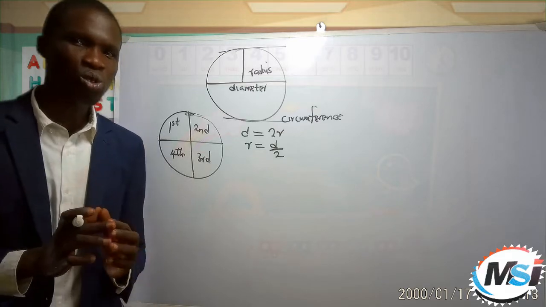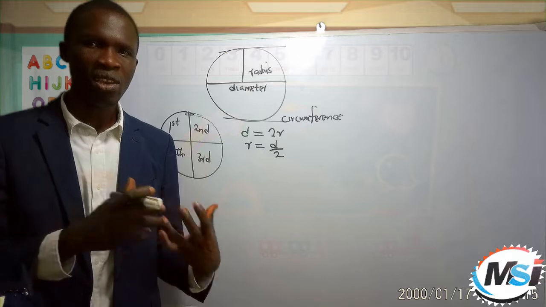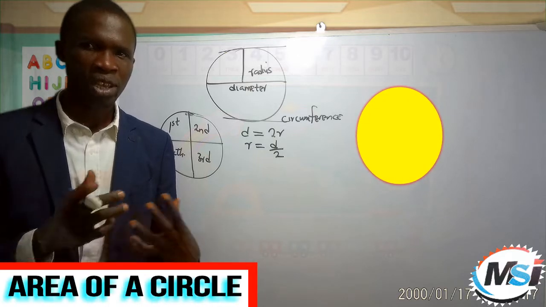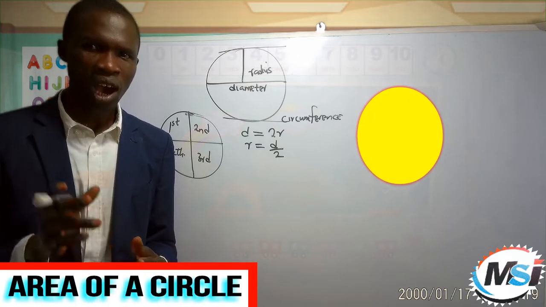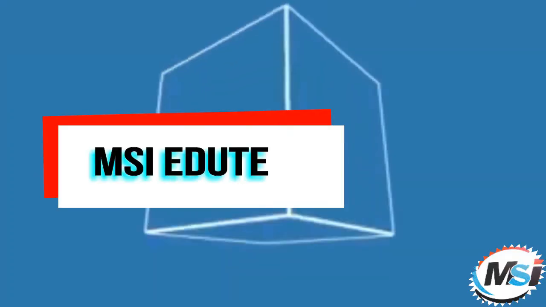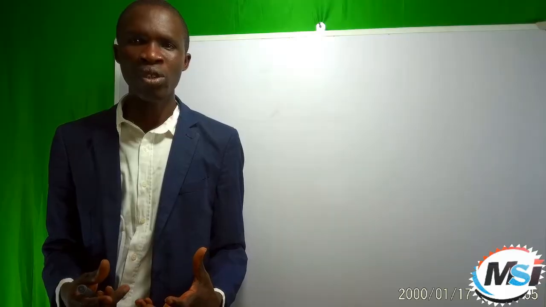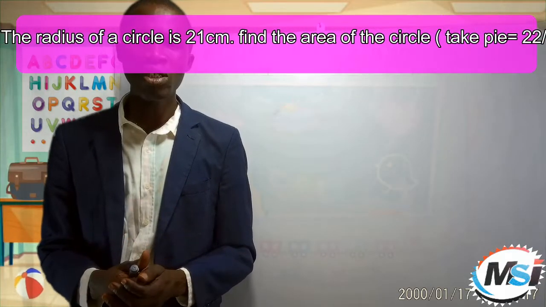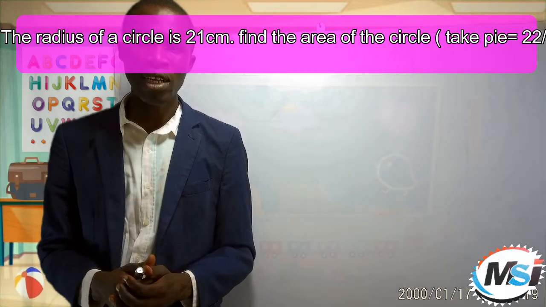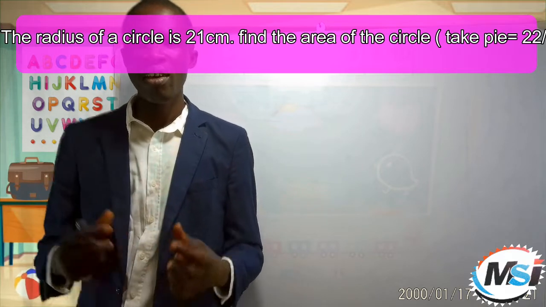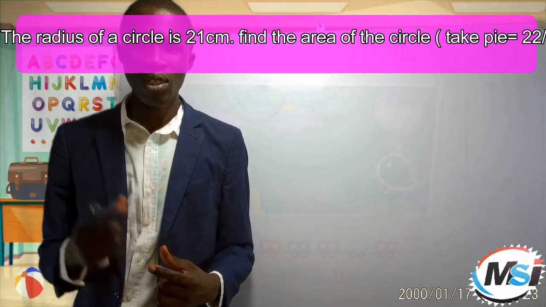The next thing we want to do now is find the area of a circle. Let's take a look at this question. The radius of a circle is 21 centimeter. Find the area of the circle.